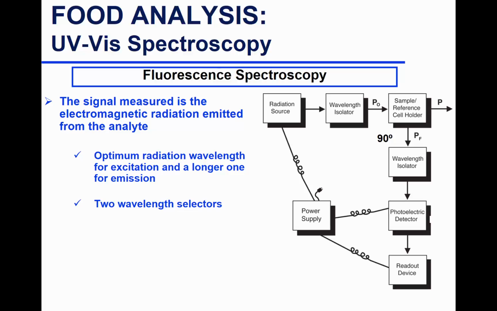At a 90 degree angle, you position the emission to go, and here you have a monochromator again, so you select the wavelength at which emission occurs. That is what gets measured. The P here doesn't go to a measurement. The PF is what gets isolated into a particular wavelength and detected, and you get the readout.